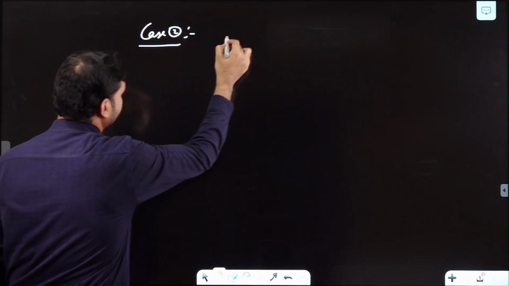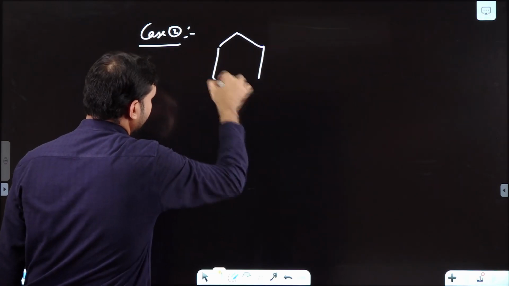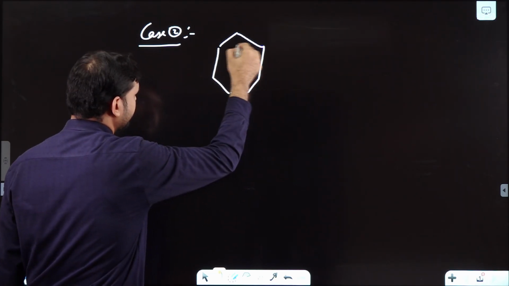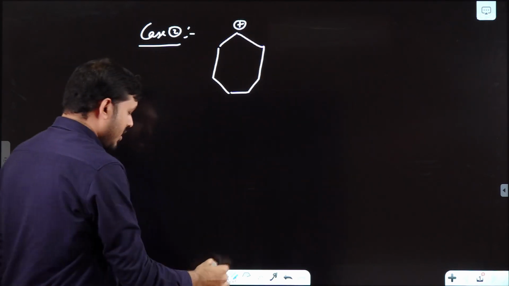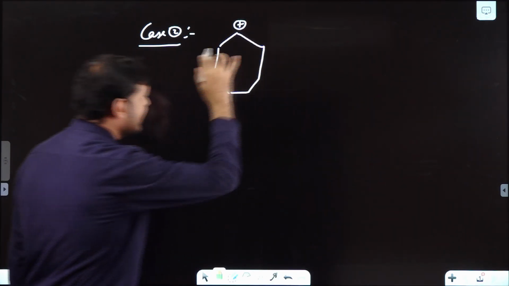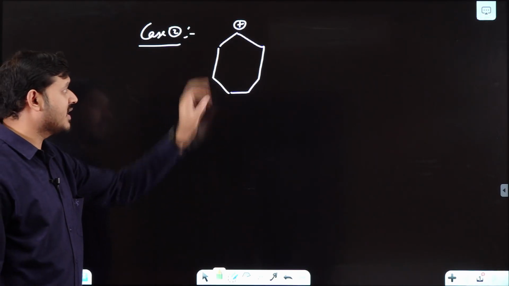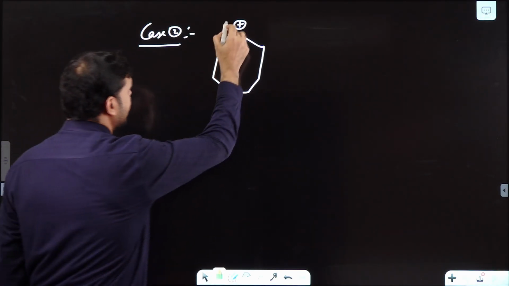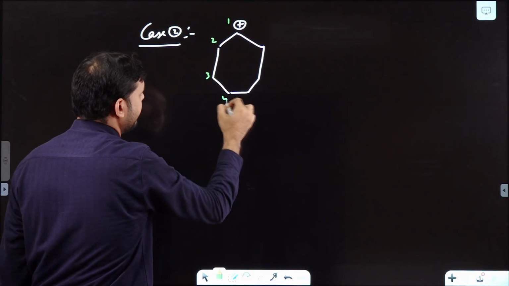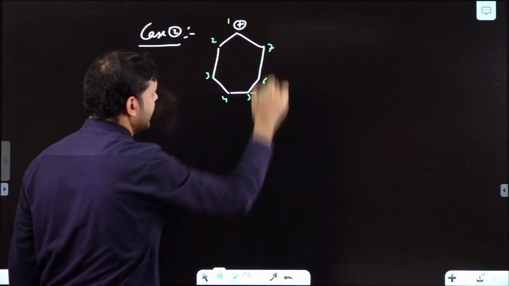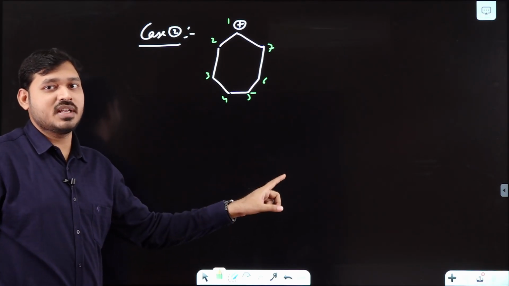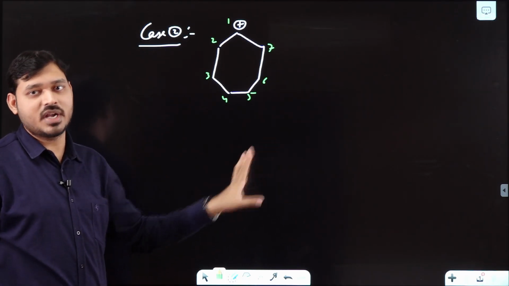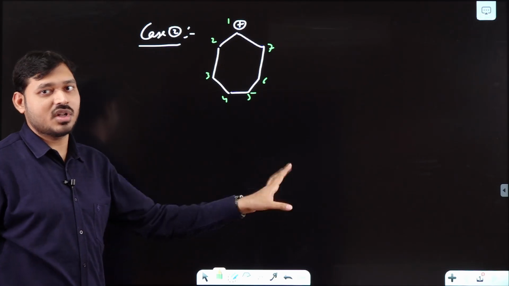Case 2. Now students, understand this case. Here you are having a 7-membered ring. Okay. Suppose I say 1, 2, 3, 4, 5, 6, 7. See, in 4 to 3, I told you about the extraordinary stability of the CPM carbocation, how dancing resonance and all such cases.